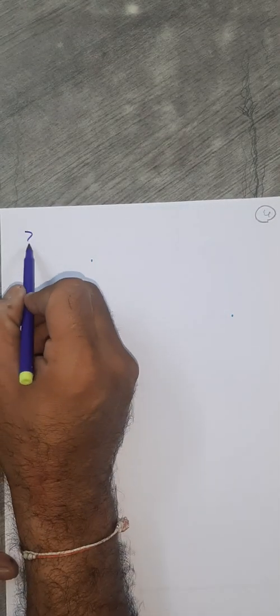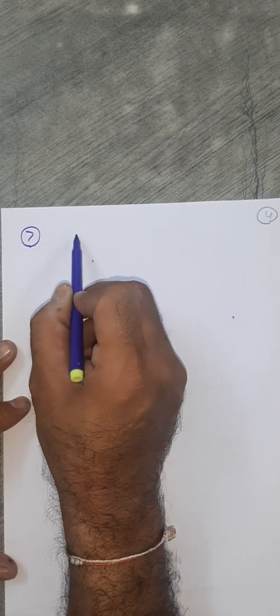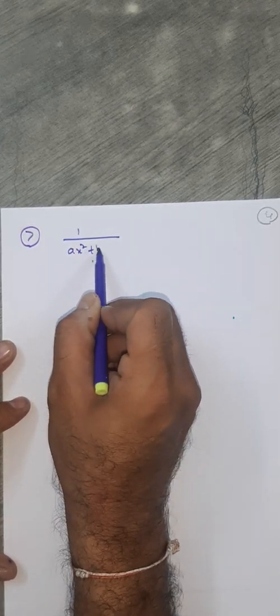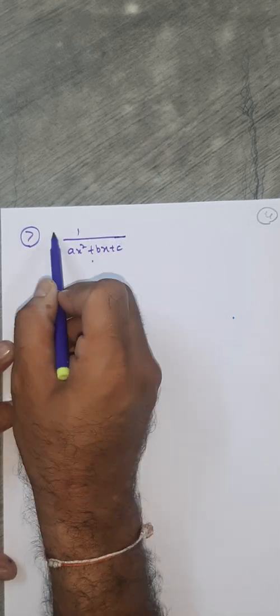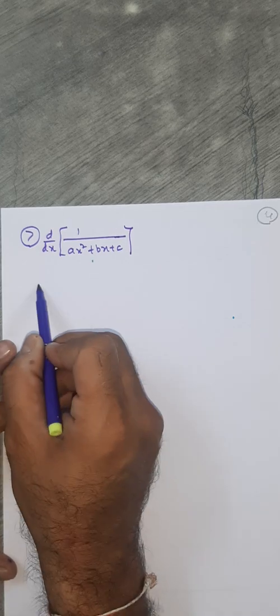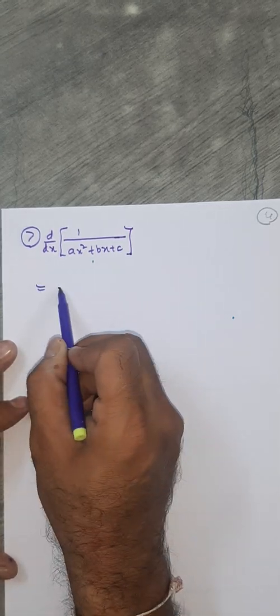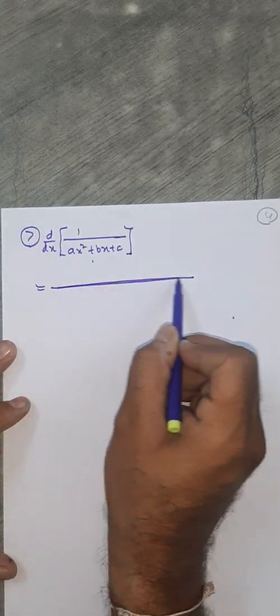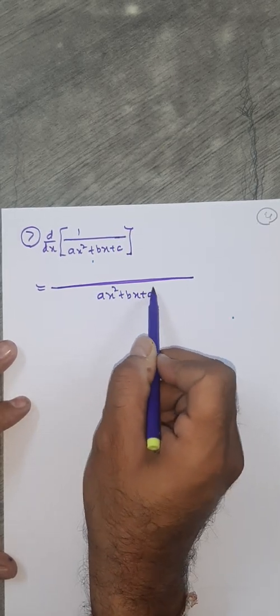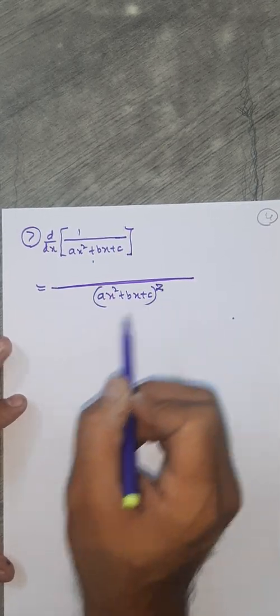Okay, seventh question, we again use the division rule. The function is 1 upon (ax square plus bx plus c), and you want the derivative d by dx of this expression. So we square the denominator function, (ax square plus bx plus c) the whole square.